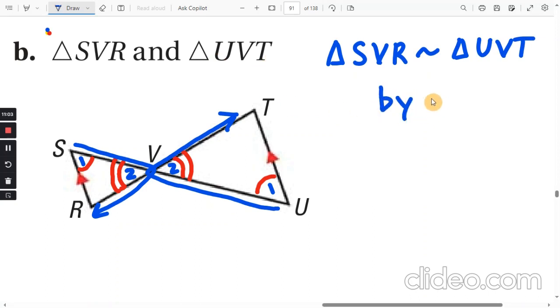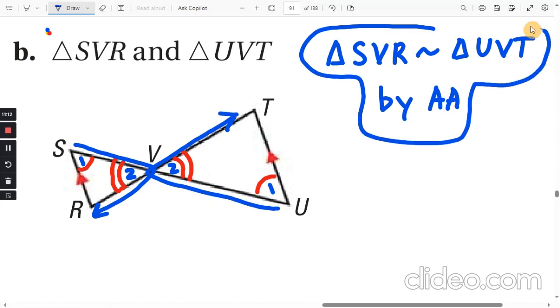If not, you could mess with it and maybe reverse the letters and see what happens. But we got it on the first try, so these triangles are similar by AA, angle, angle.